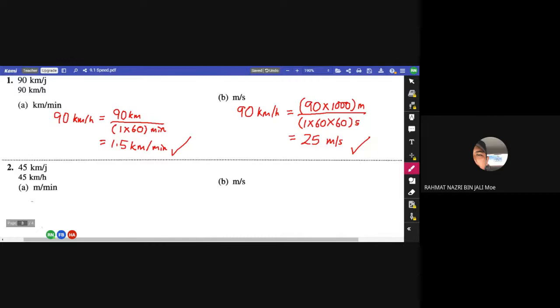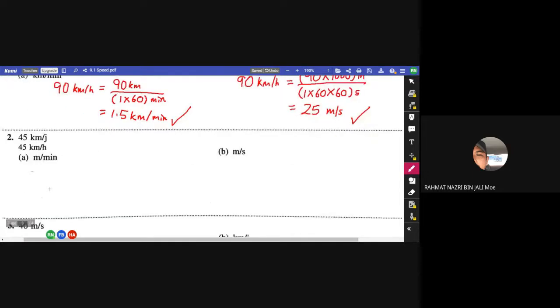Question number 2. Convert 45 kilometer per hour to meter per minute. So 45 kilometer convert to meter, multiply by 1000.